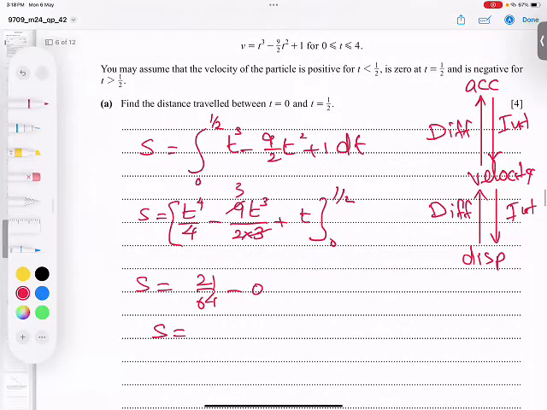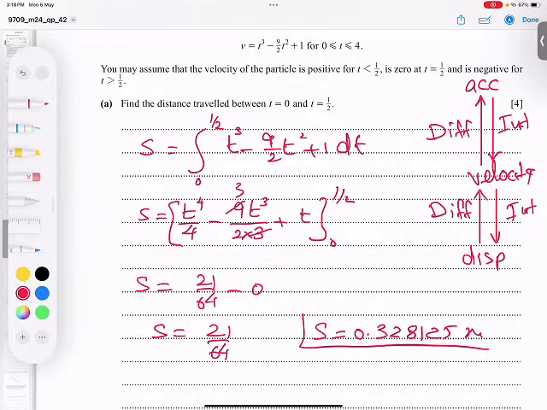So 21 over 64 is my answer for part 1. If you check on a calculator, it gives 0.32125 meters. I believe the point is clear. We have done the total distance travelled between. So with the same method, we have 4 marks finished, and let's go for the next part.